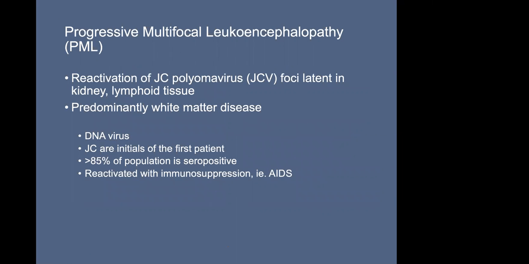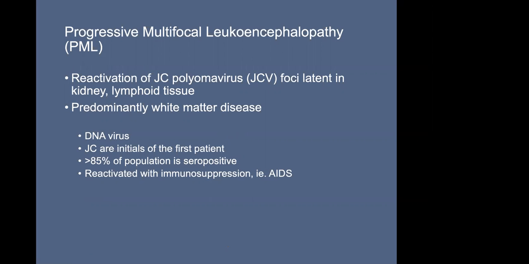A very important disorder is PML because of the large number of patients who become immunodeficient nowadays because of AIDS and many other causes. JC virus lives as a dormant virus in our kidneys and lymphoid tissue.